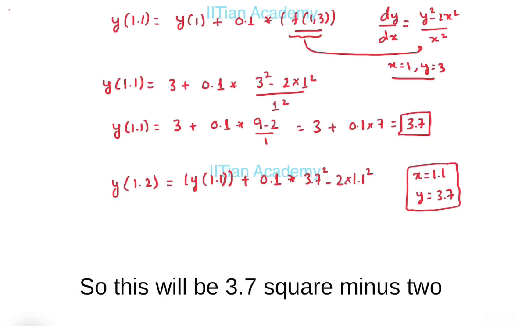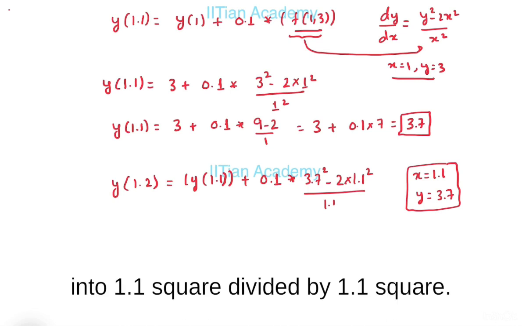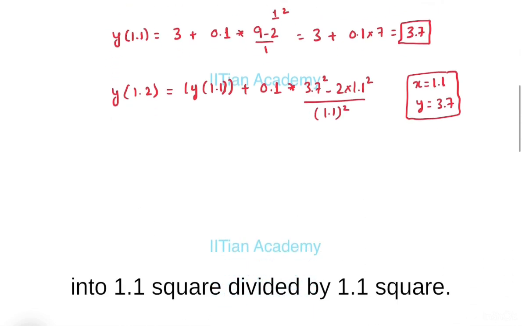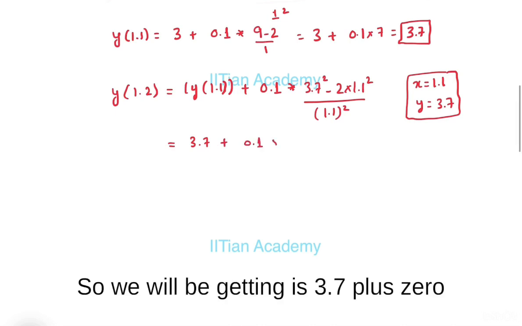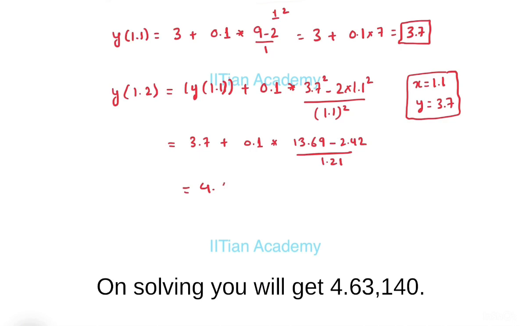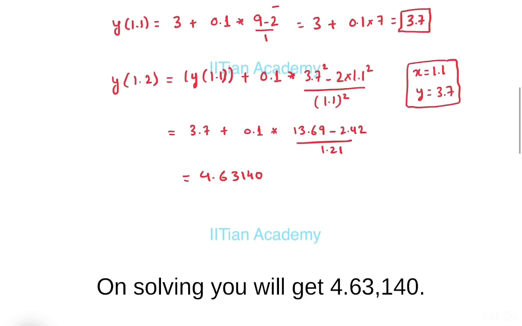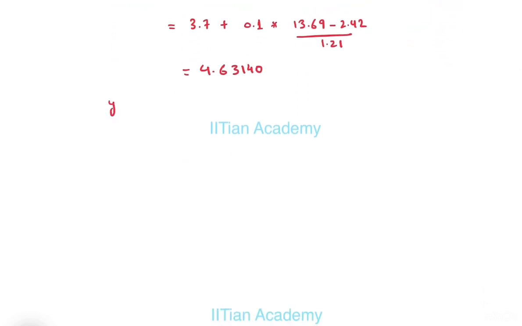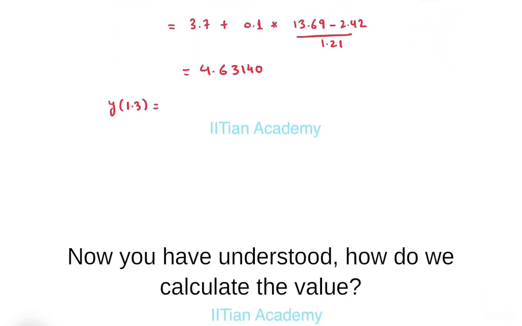So this will be 3.7 plus 0.1 multiplied by 3.7 square minus 2 into 1.1 square divided by 1.1 square, that is 13.69 minus 2.42 divided by 1.21. So on solving you will get 4.63140. Now you have understood how we calculate the values.